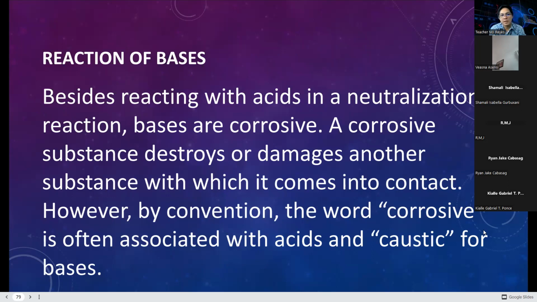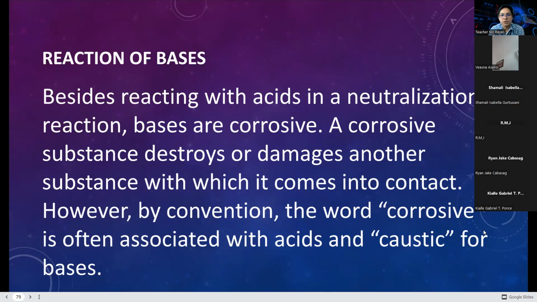Reaction of bases. Besides reacting with acid in a neutralization reaction, bases are really corrosive. A corrosive substance destroys or damages another substance it comes in contact with.